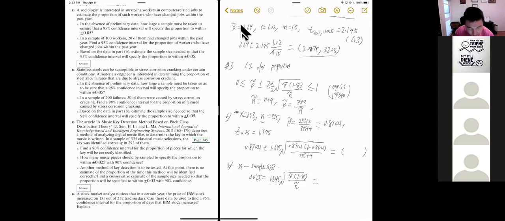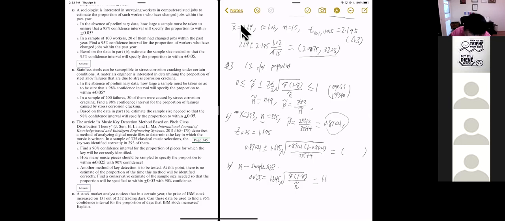Because the modified P should not change. So modified P is still the same, 0.87021. The only thing that changes is the sample size.